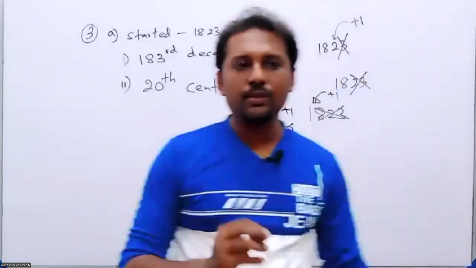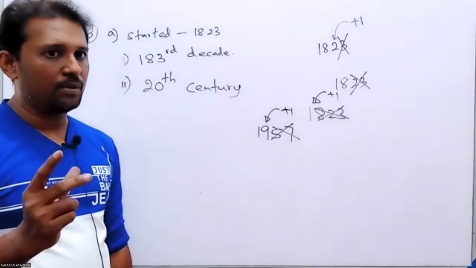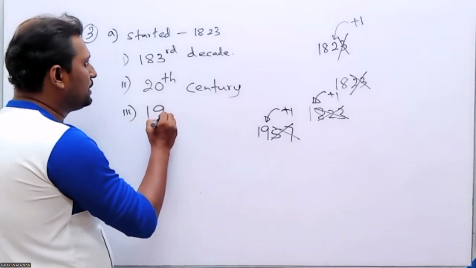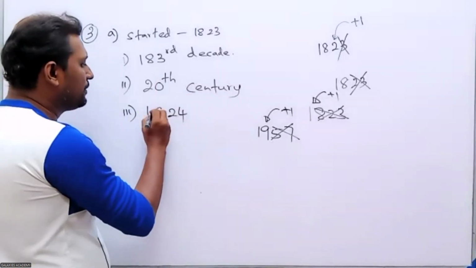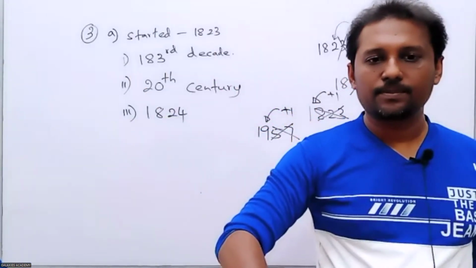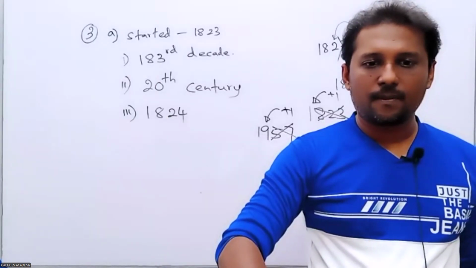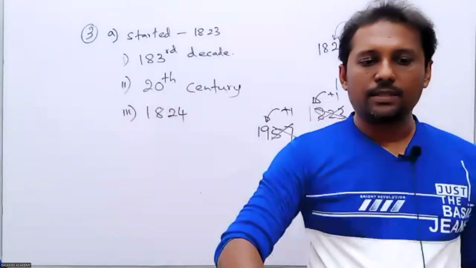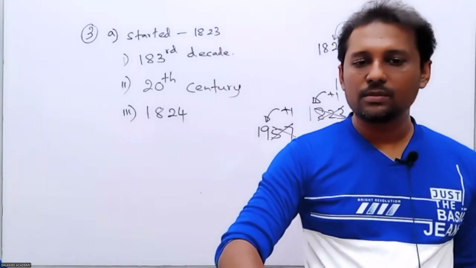But 1824? 24 is divisible by 4, so it is a leap year. Right, 1824. If you want, you can write AD before this year.